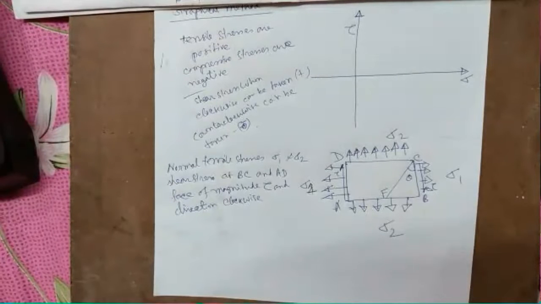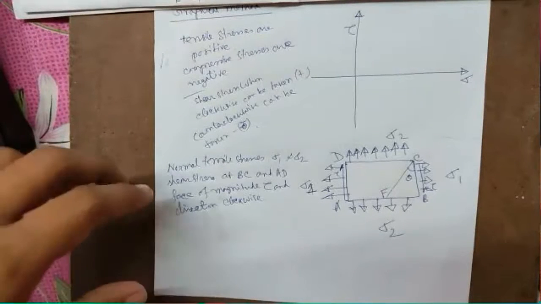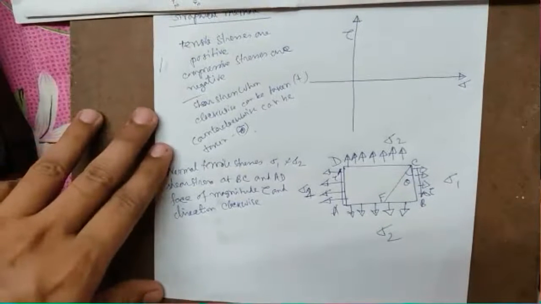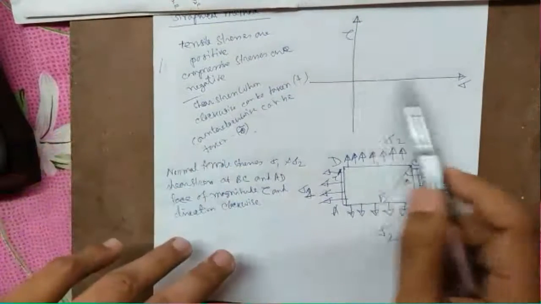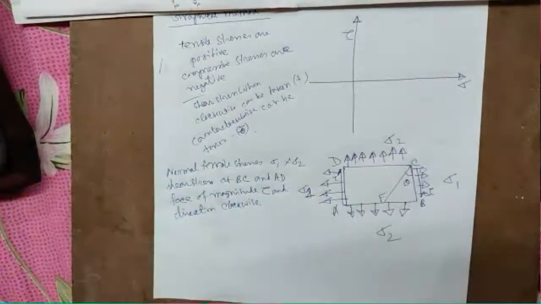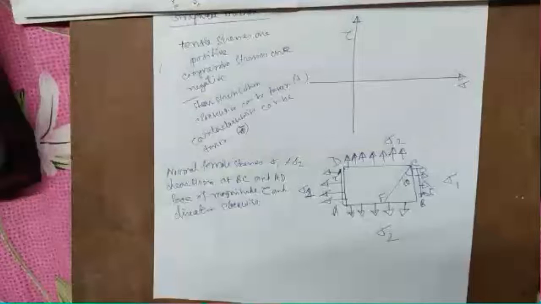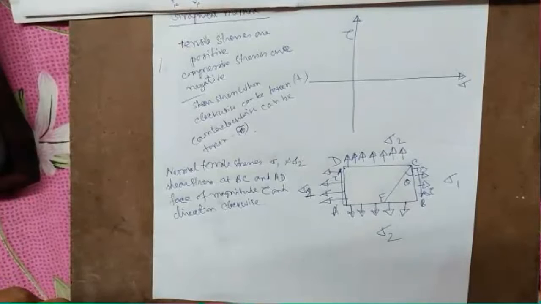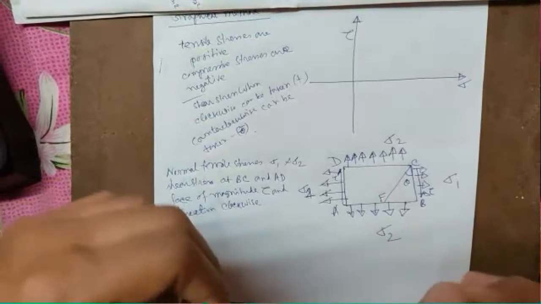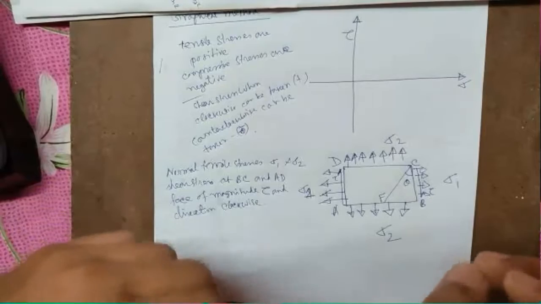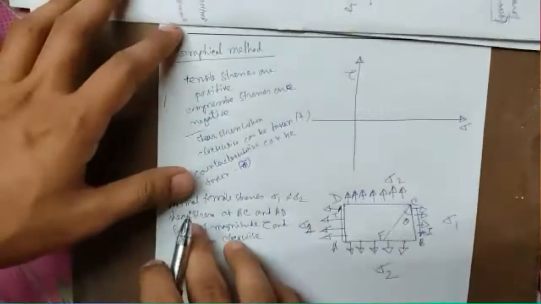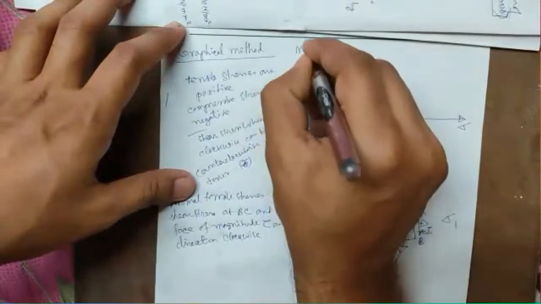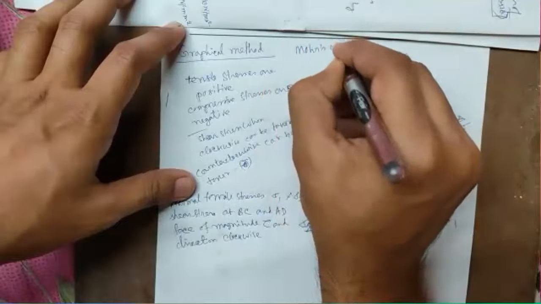Okay, now for that purpose we have drawn the coordinate system here. In this coordinate system, our job is to draw a circle. The circle will be called the Mohr circle.